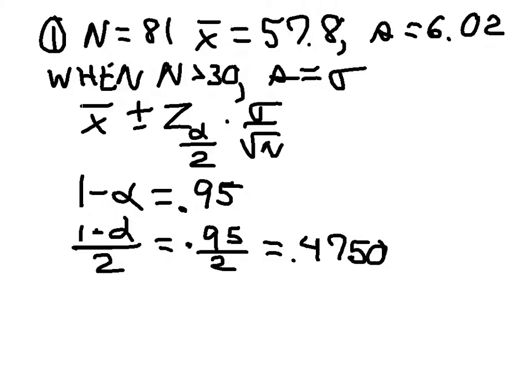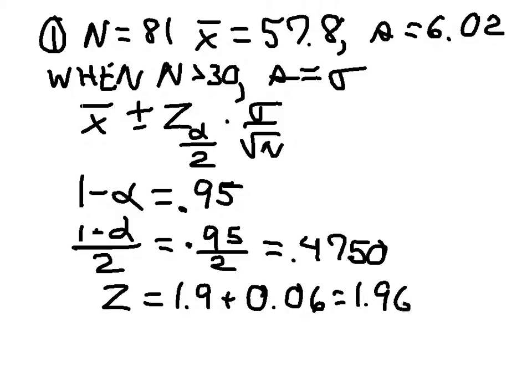Okay, so what we're going to do is look in the middle of our normal table for the closest value to 4750, and we find that at 1.9 and 0.06, that actually has an exact value, and it's 1.96. Okay, so let's go ahead and put all this stuff together.